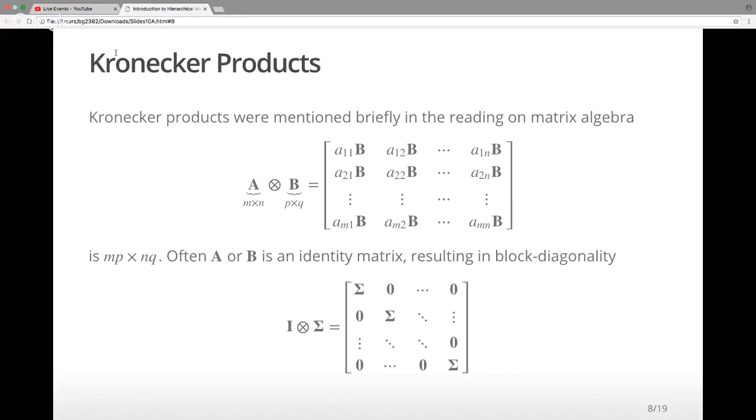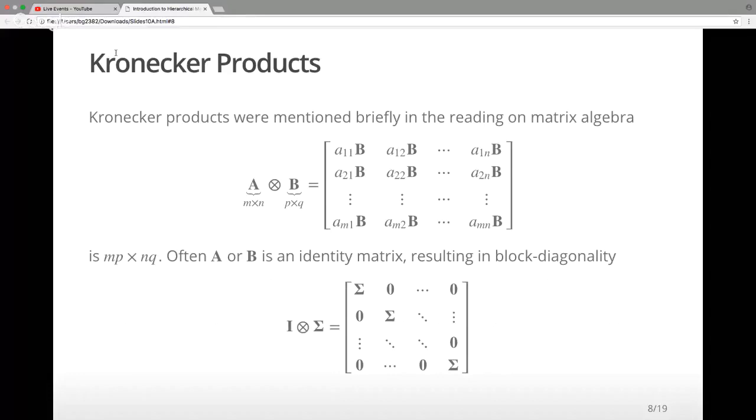So unlike matrix multiplication, where the number of columns in the leftmost matrix has to be equal to the number of rows in the rightmost matrix, a Kronecker product is well defined between two matrices A and B, irrespective of what their number of rows and number of columns are.